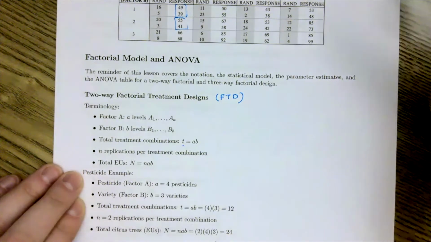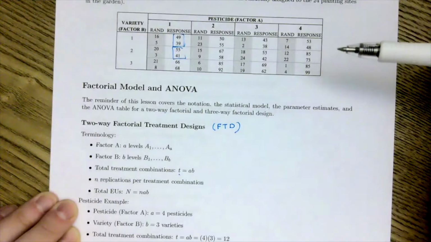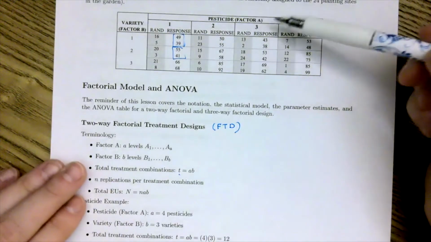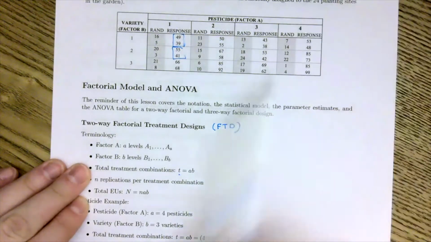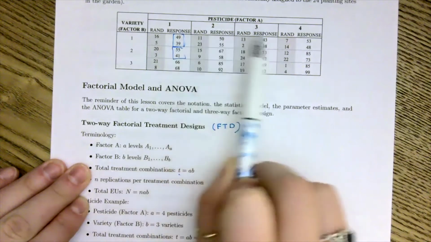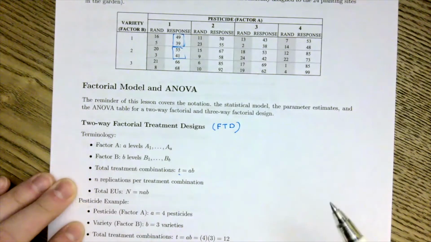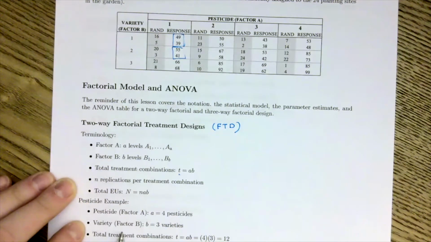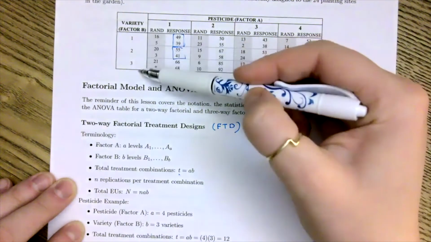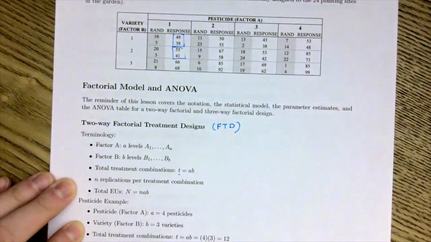So if we go back up to this pesticide example, we will say that pesticide was factor A, and we can see that we had 4 levels, and so little a would be 4. Our variety would be factor B, and we had 3 levels, so little b would be 3.